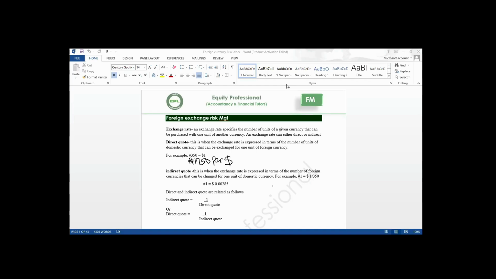That is the exchange rate between naira and dollar. It is called your exchange rate.